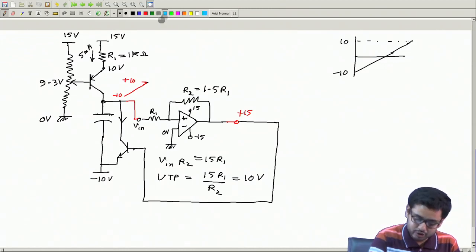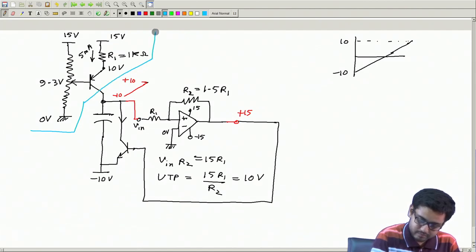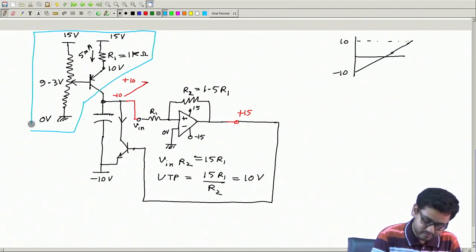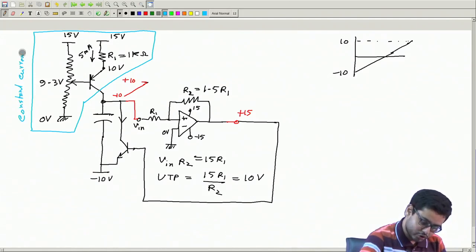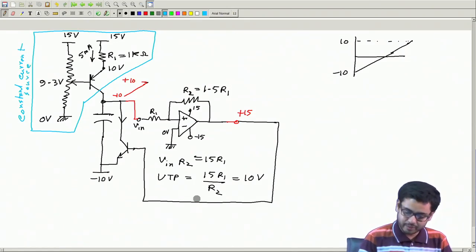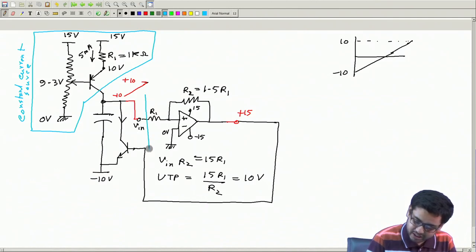This part is the constant current source in our block diagram.